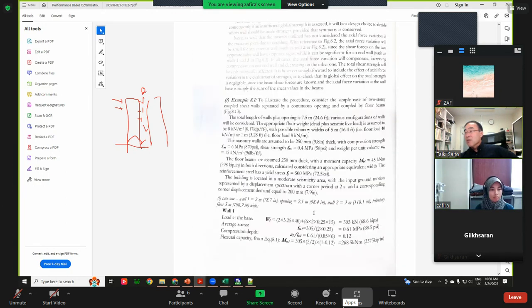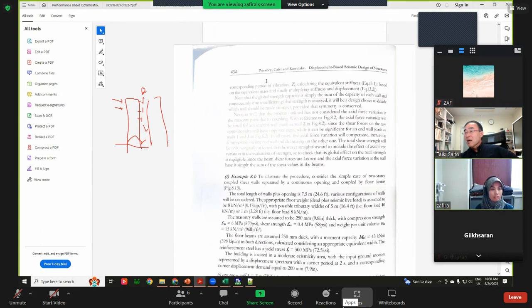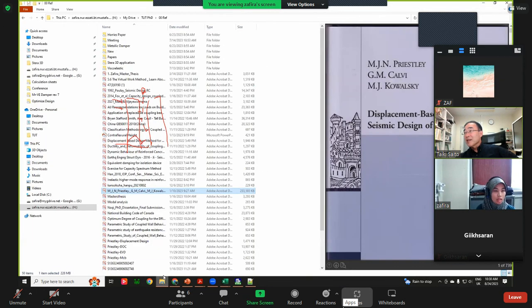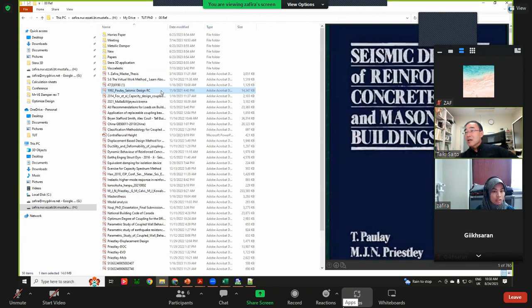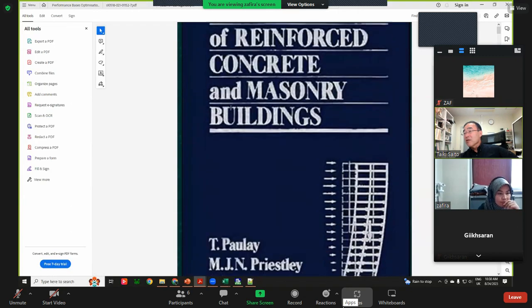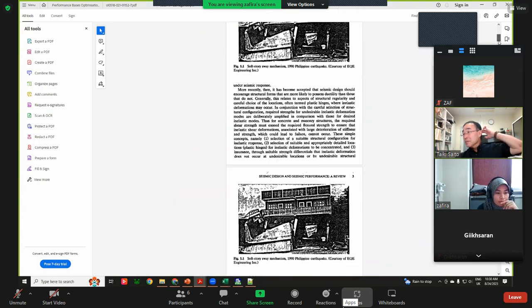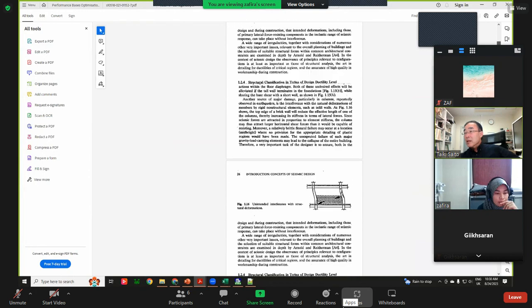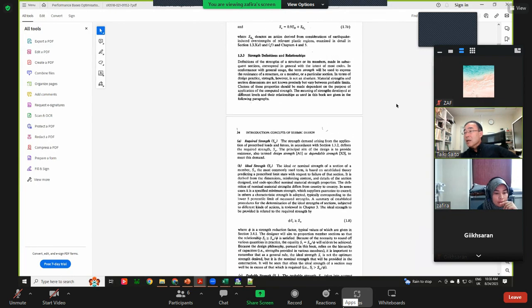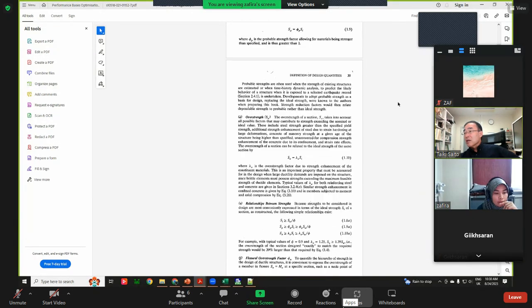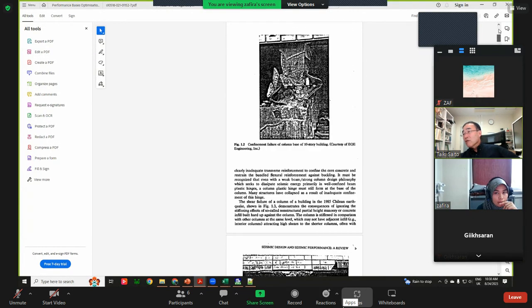Maybe this is a book of Paul and Priestley. This is Priestley, another book we read together in the beginning. Design of RC, yes, this one. And they have a definition of the coupling ratio. You should check the chapter on the coupling wall.